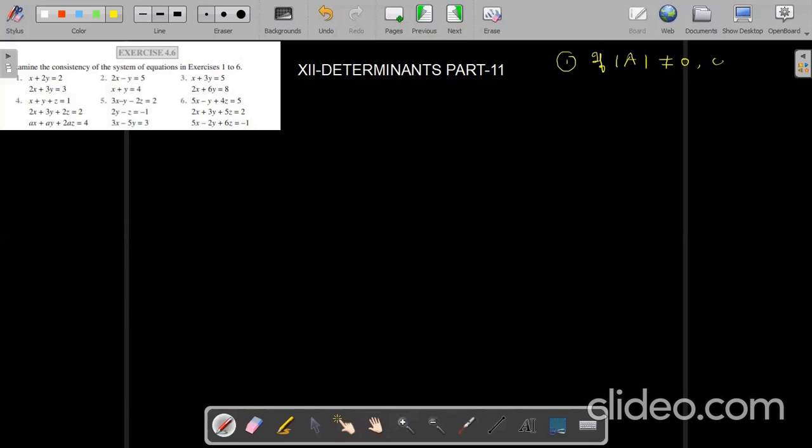I'll write in short, then the system of equations is consistent.